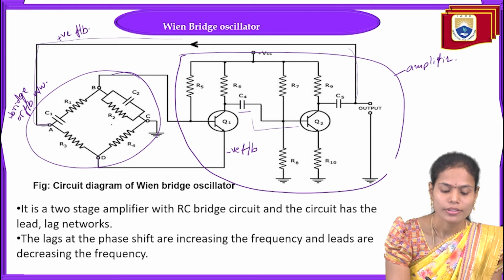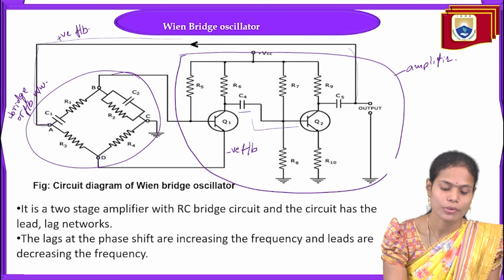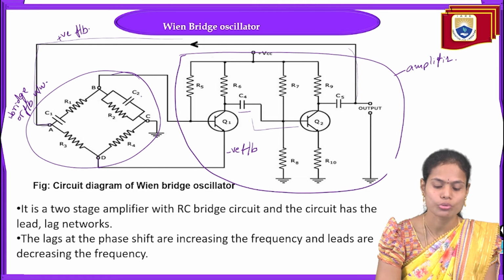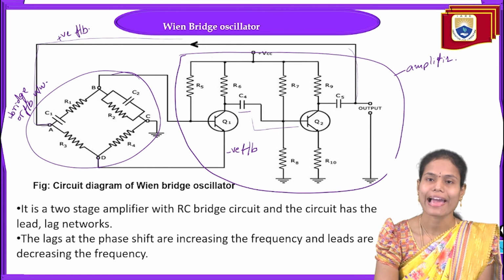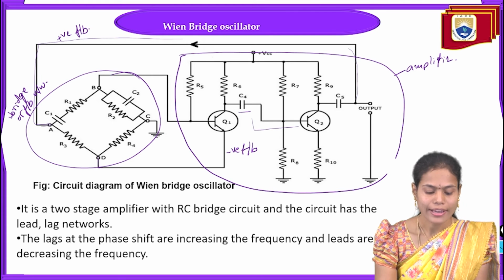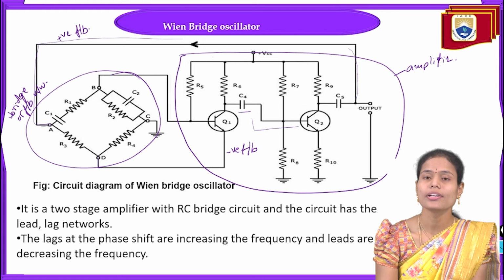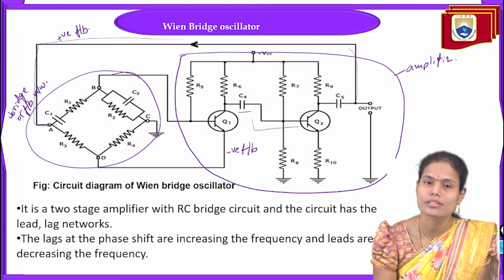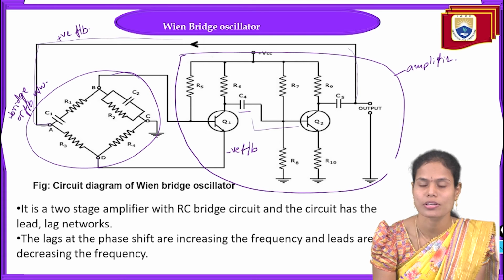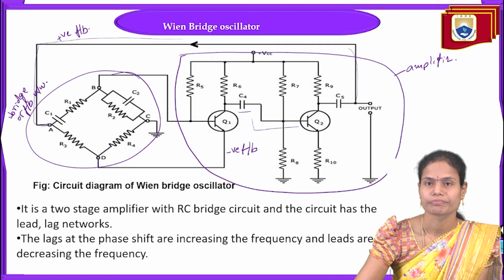Okay, and in this Wein bridge we are taking 4 resistors R1, R2, R3 and R4 and 2 capacitors C1 and C2 here. So this combination of R1, C1 and R2, C2 acts like lead and lag networks. So here the lead networks are used to increase the frequency of oscillation, and lag networks are used to decrease the frequency of the oscillations here.